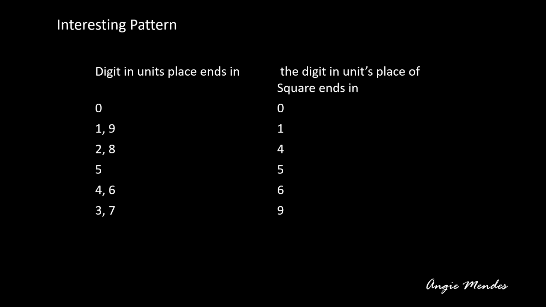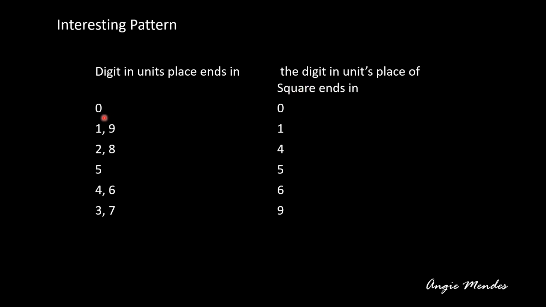Here are some interesting patterns that you can take note of. If the digit in the units place ends in 0, then the digit in the units place of the square will also end in 0. Let's take an example. If the given number is 10, then the square of 10 is 100.